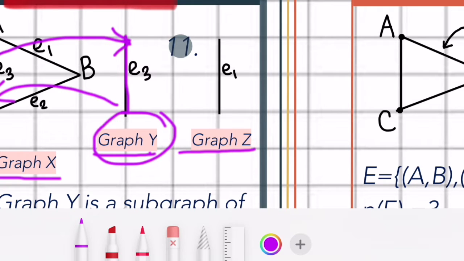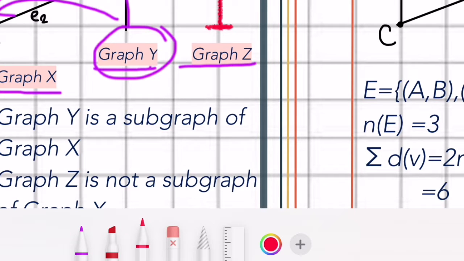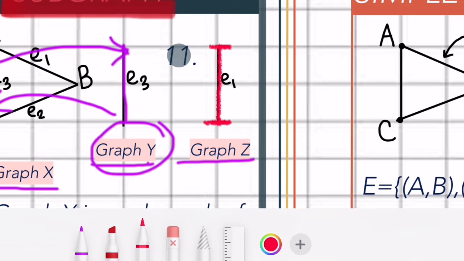The same thing apply to E1. It's exactly 2 units, right? So the graph Z is not the subgraph because the length here is not 2 units. So the length must be equal.